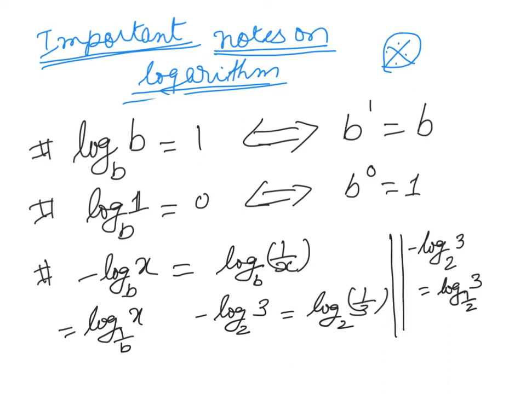So either I take the reciprocal of the number or I take the reciprocal of the base. These three laws must be understood very clearly when we apply them in our exams, when we attempt problem solving.